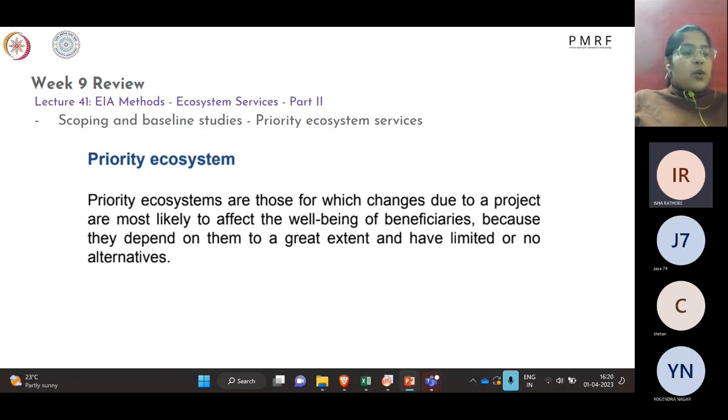They don't have any alternatives apart from migration or moving to another community, which is again a lot of hassle for these people. So this is a priority ecosystem service, and you need to identify these priority ecosystem services in your assessments as well, where the direct impact of your project or the activities causes the greatest extent of damage to the beneficiaries.